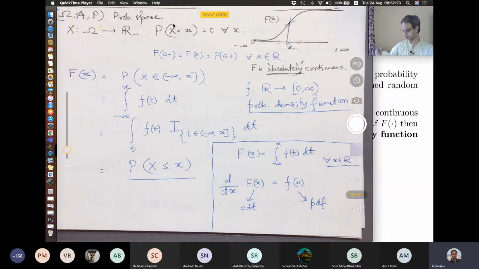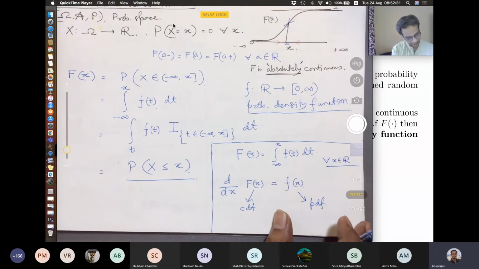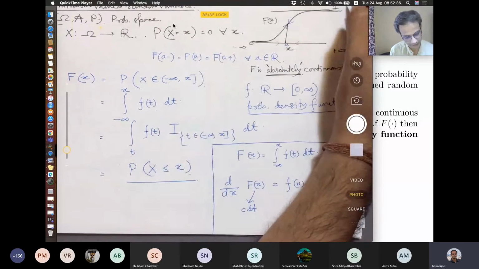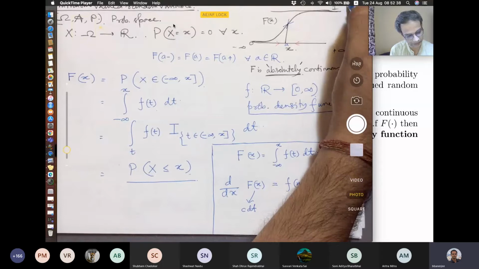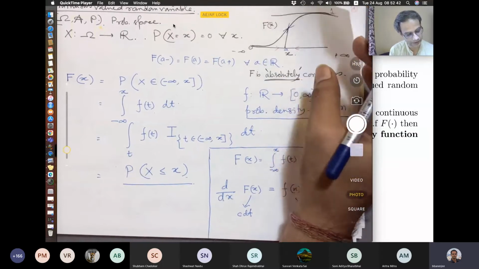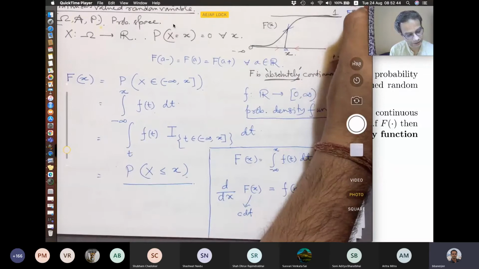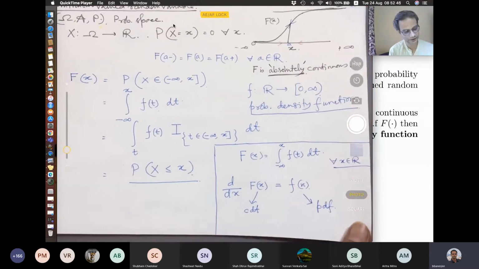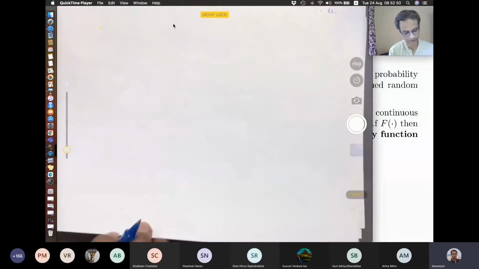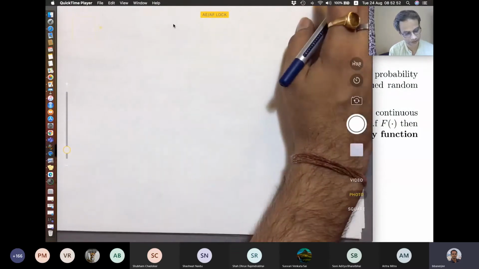Now let us see the example where the PDF can be greater than 1, because that is a very fundamental query. Often we see that in the final semester Viva Voce, when students are asked whether the PDF can be greater than 1, many students reply no, but that is not correct.